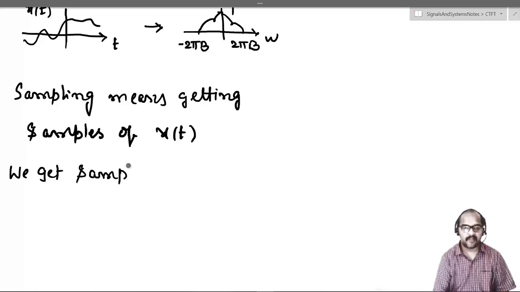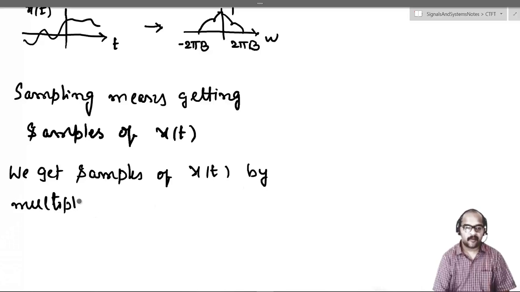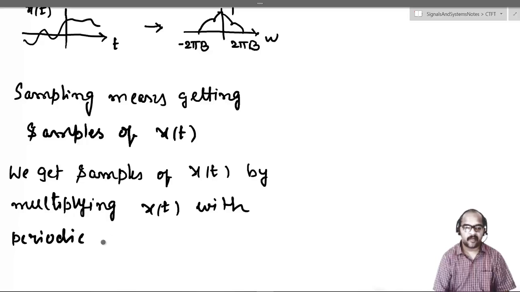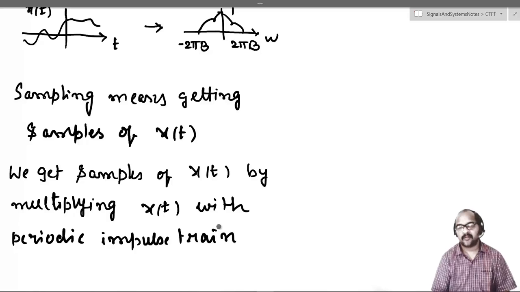We get samples of x of t by multiplying x of t with a periodic impulse train.